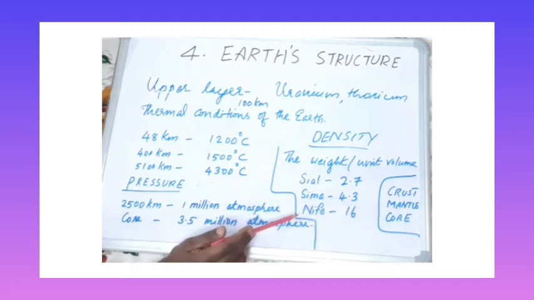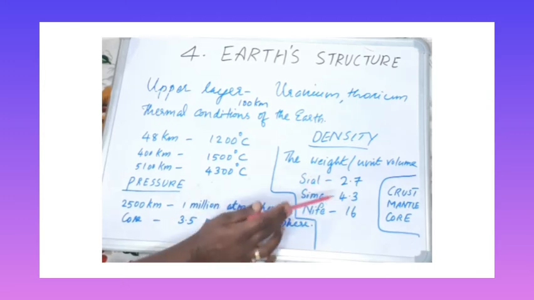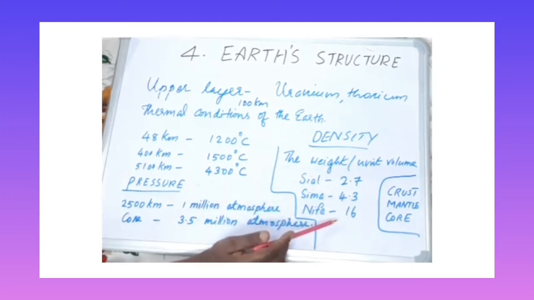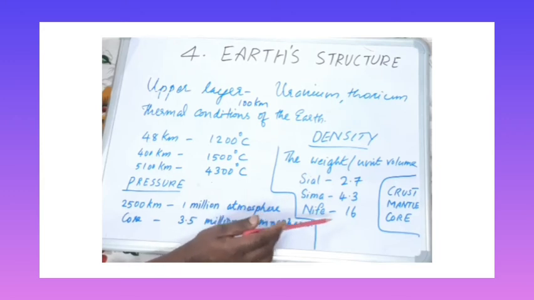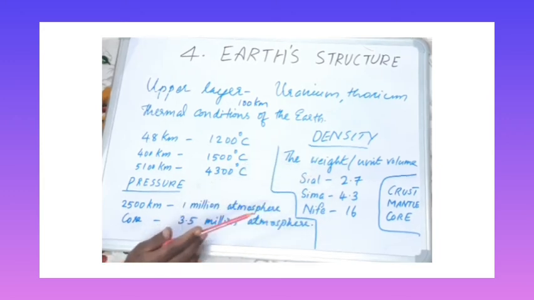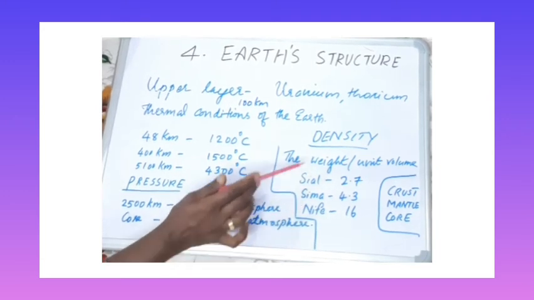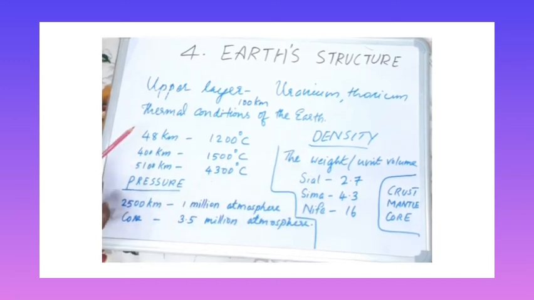The core is otherwise known as NIFE, because nickel and iron are predominant in the core. Here the density is 16. From layer to layer inside the Earth, we can see a variation in density. These variations in density, pressure and temperature help us to know the interior of the Earth.